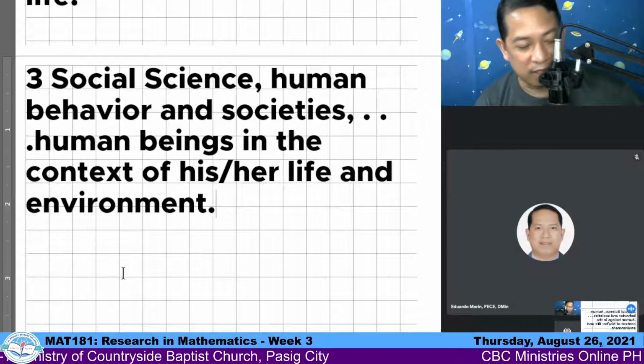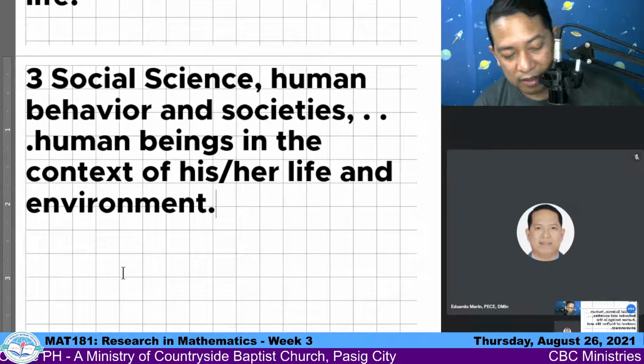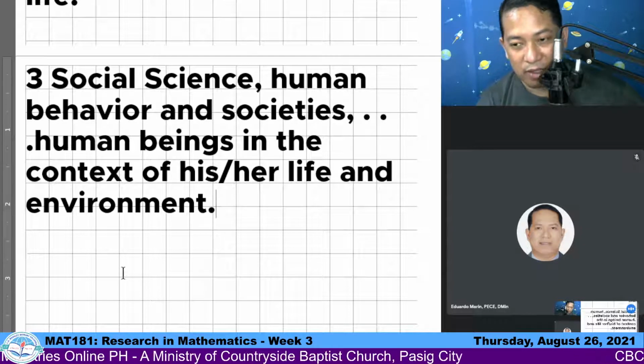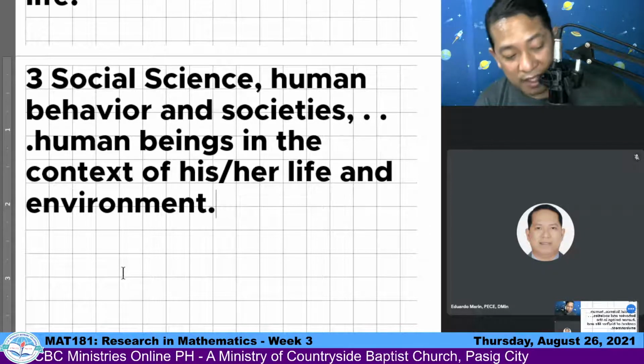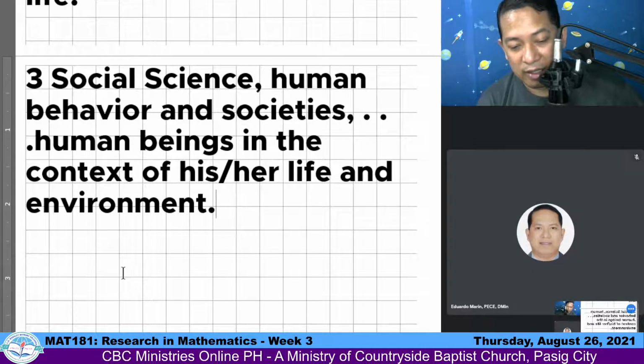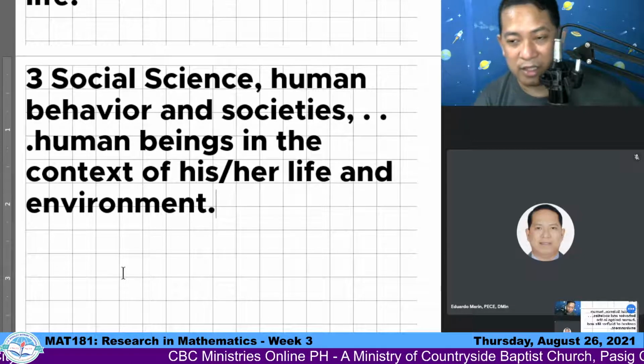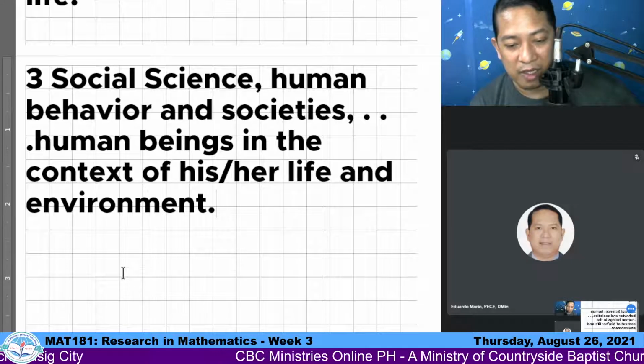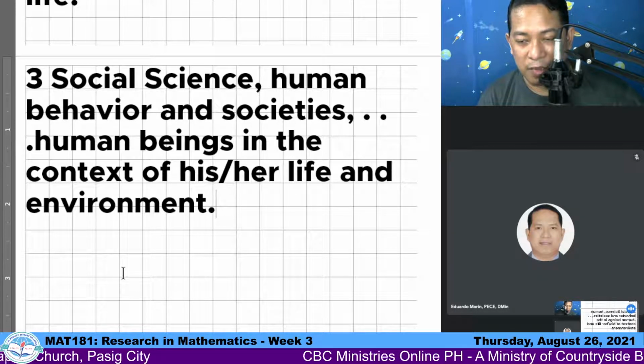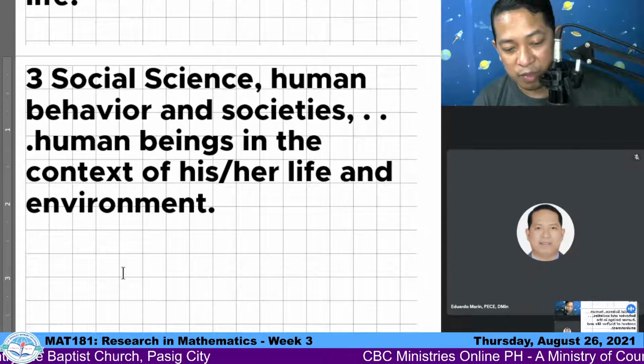Sa iba't ibang mga disiplina, lalo na sa kinabibilangan nitong disiplina. At gayon din naman, lalo-lalo na for national policy decision making or implementation or for our governance, no? It must be research based, mga kapatid.